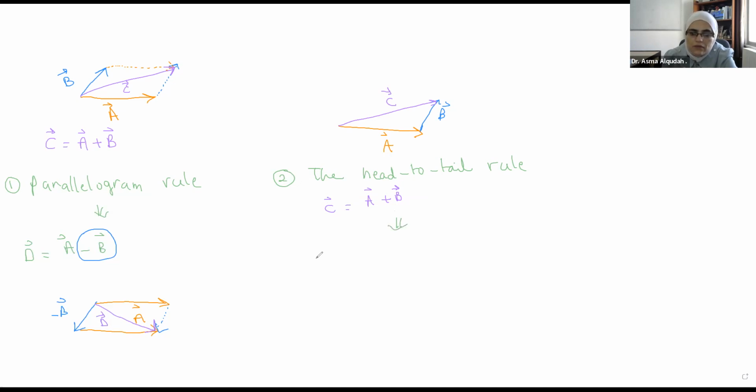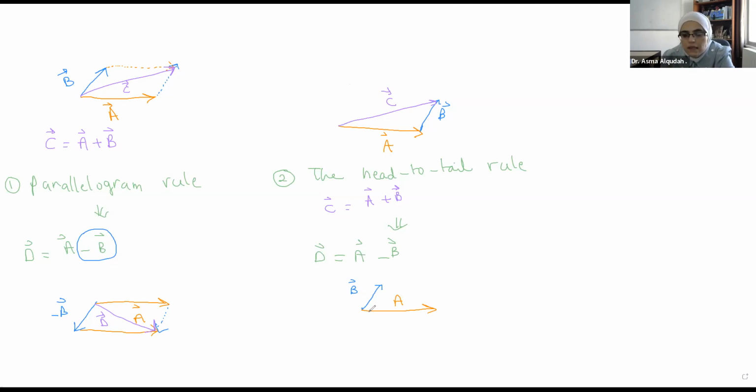We have D equals A minus B. First we draw the vector A, and now this is the vector B. In the previous case we made the two vectors head, tail, head, tail.